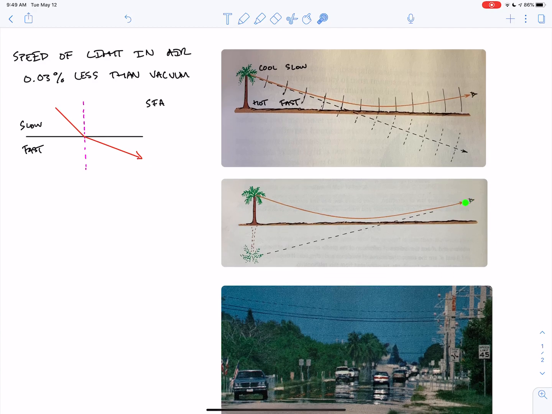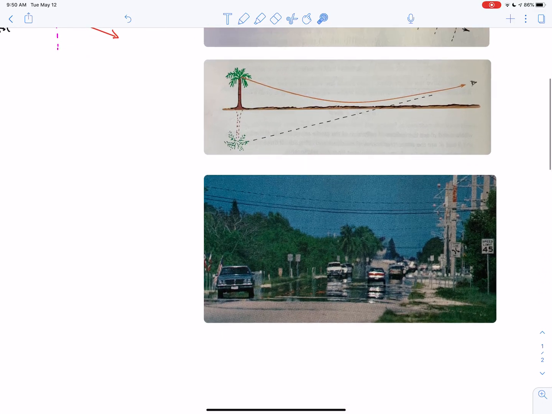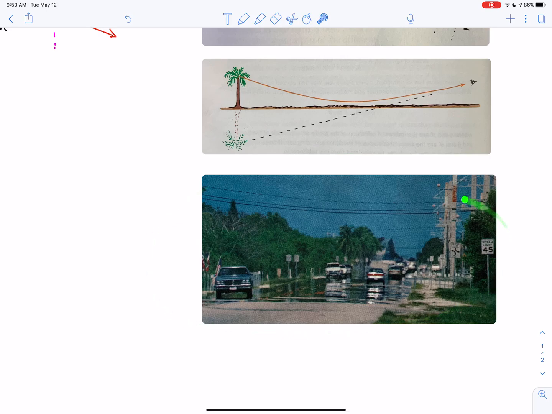So you extrapolate from what you see here, and your brain interprets this as an image of a palm tree upside down, actually kind of in the dirt. So you can see an image here of a mirage.